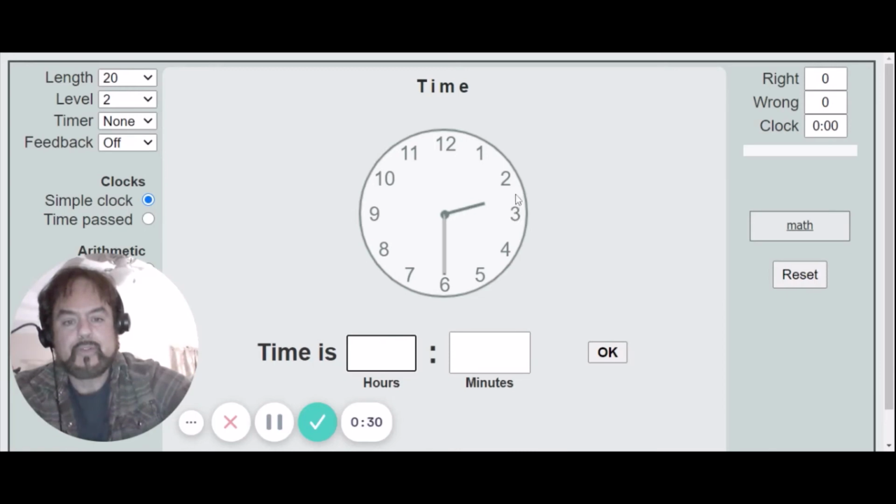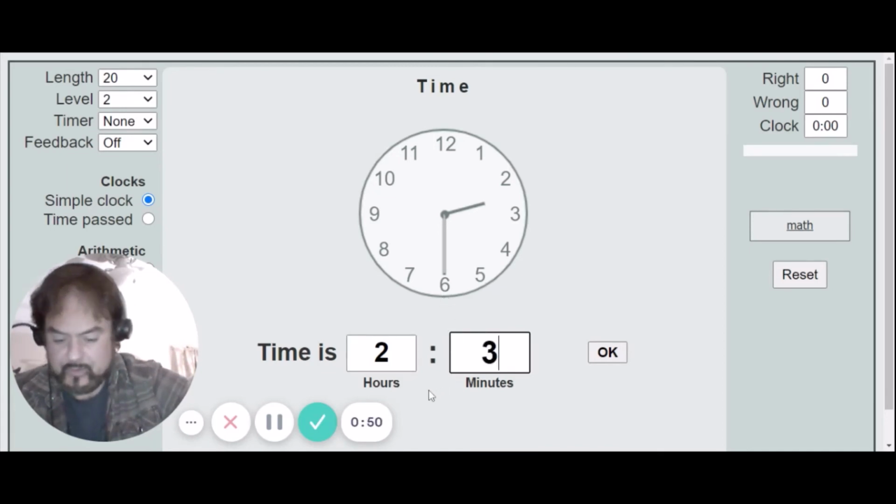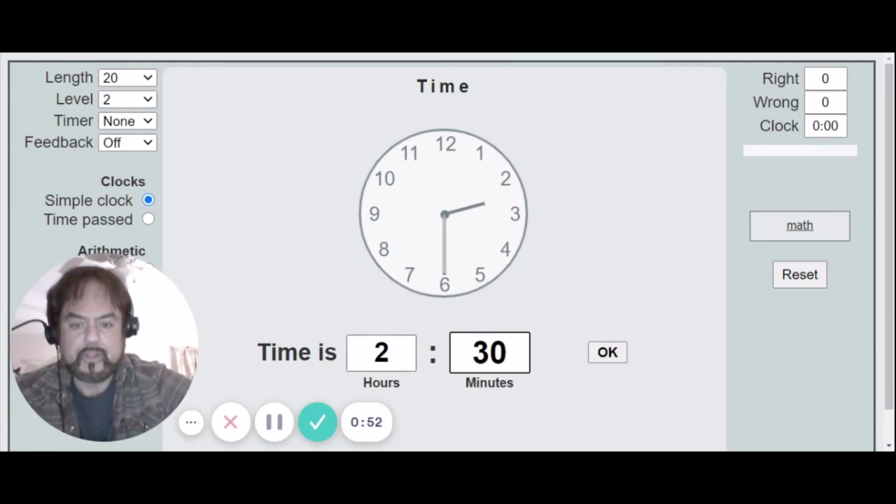It's between the 2 and the 3. And the minute hand is pointing down to the 6. So that would be 2, and then 5, 10, 15, 20, 25, 30 minutes past 2. So the time is 2:30.